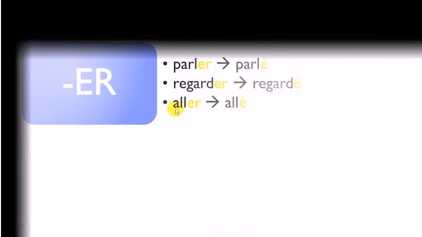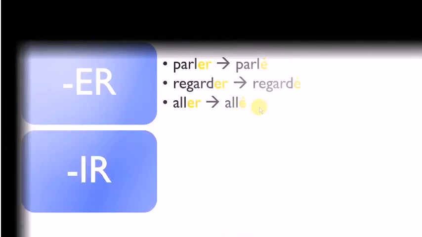Even the verb aller. Aller, to go, remember, it's a tricky verb normally when you conjugate it, especially at the present form. But for this past participle form, it is quite easy because it goes like A, L, L, E, accent aigu. So it does follow the same rule. This ER becomes E, like that.